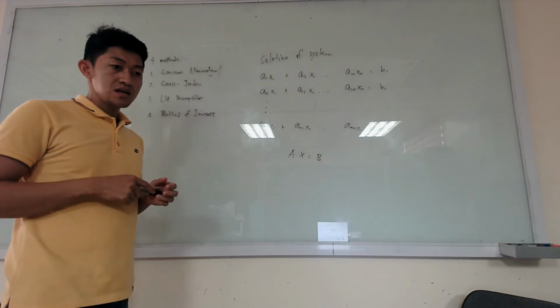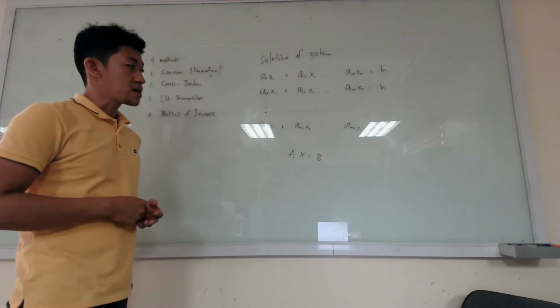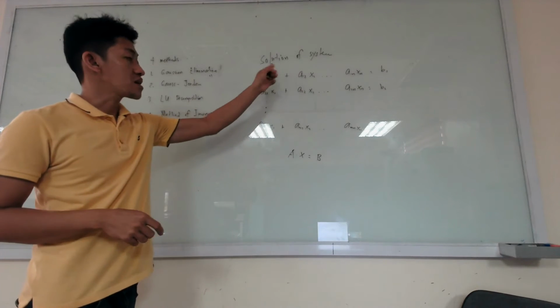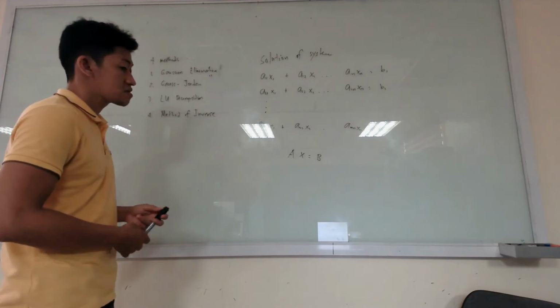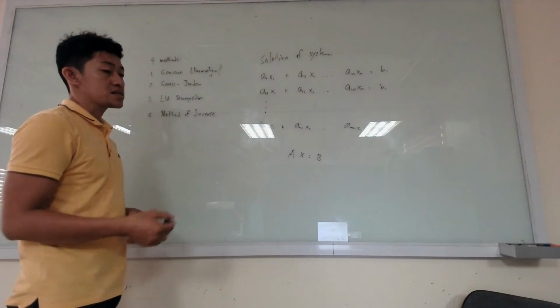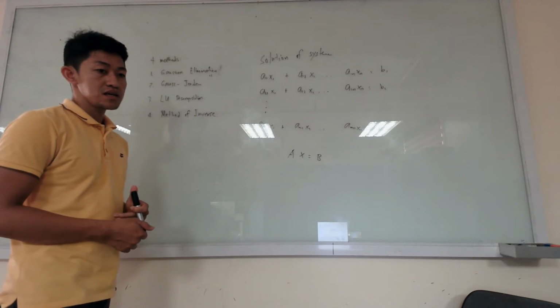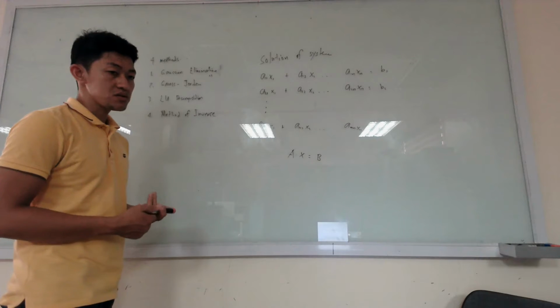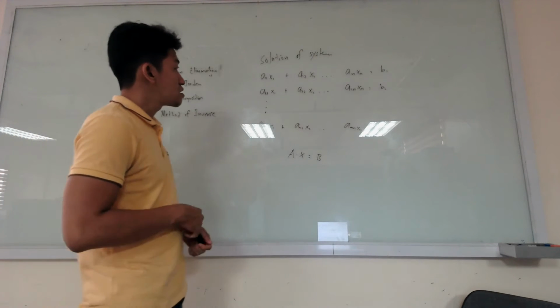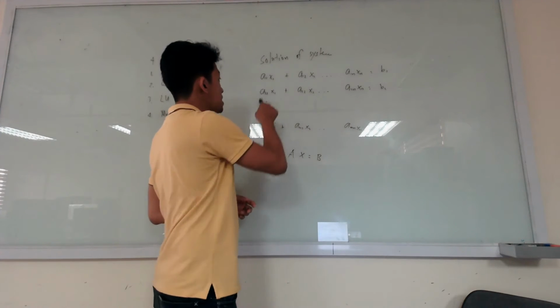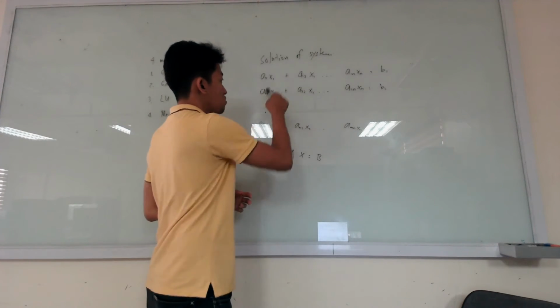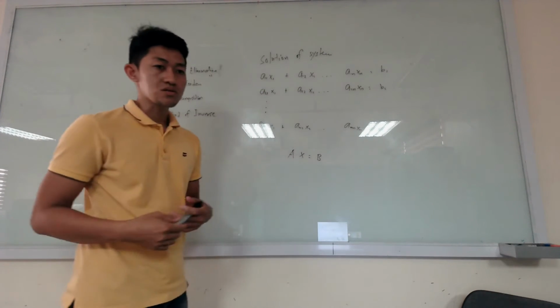Okay, so there are other ways to determine the solution of algebraic or linear equations. One of them is the elimination method, wherein you try to eliminate one of these variables and then substitute.